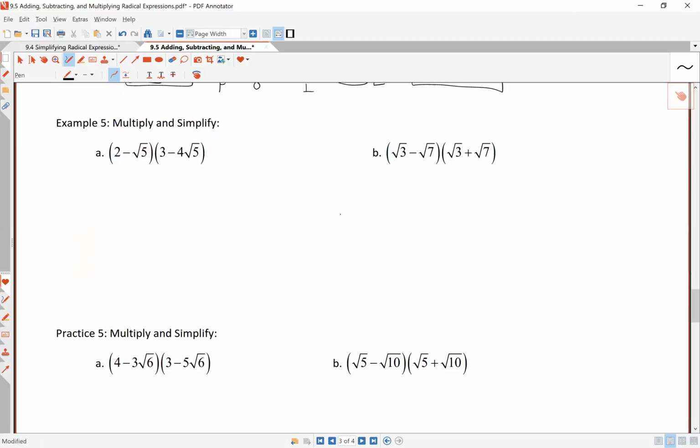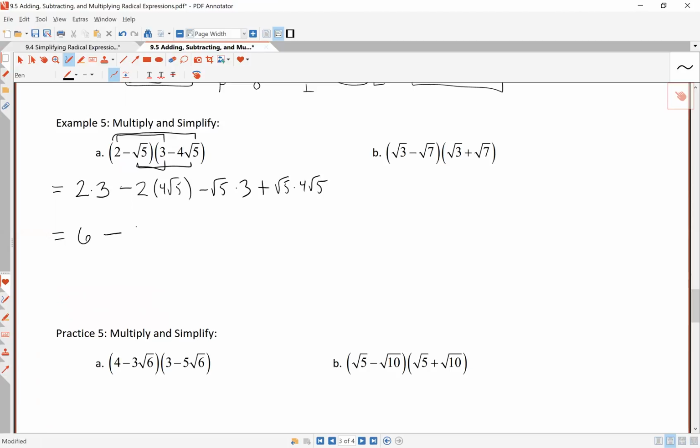So multiplying, we apply the FOIL method. 2 times 3 is 6. 2 times 4 root 5, negative, minus root 5 times 3, and that'll be a plus root 5 times 4 root 5.